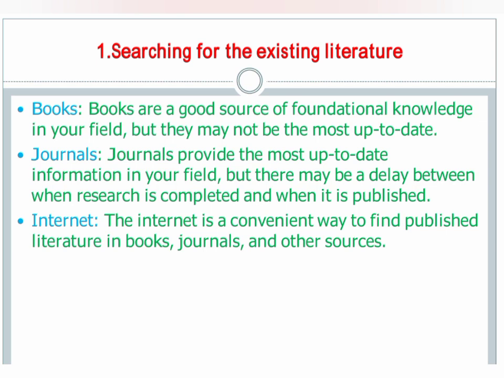If you want to search for the existing literature, you should go through all the textbooks which are available on that particular research area, and we have to study the most updated journals in your particular research field. We have to select only the up-to-date journals.